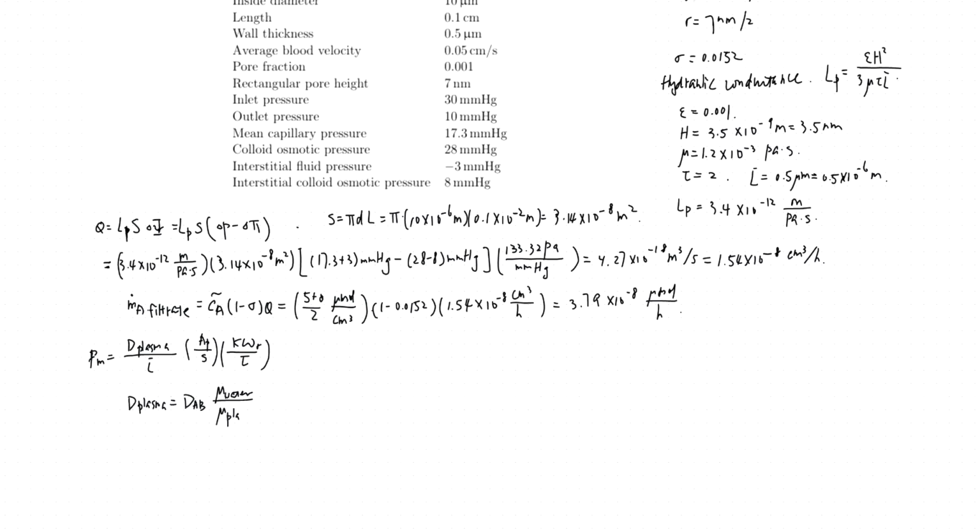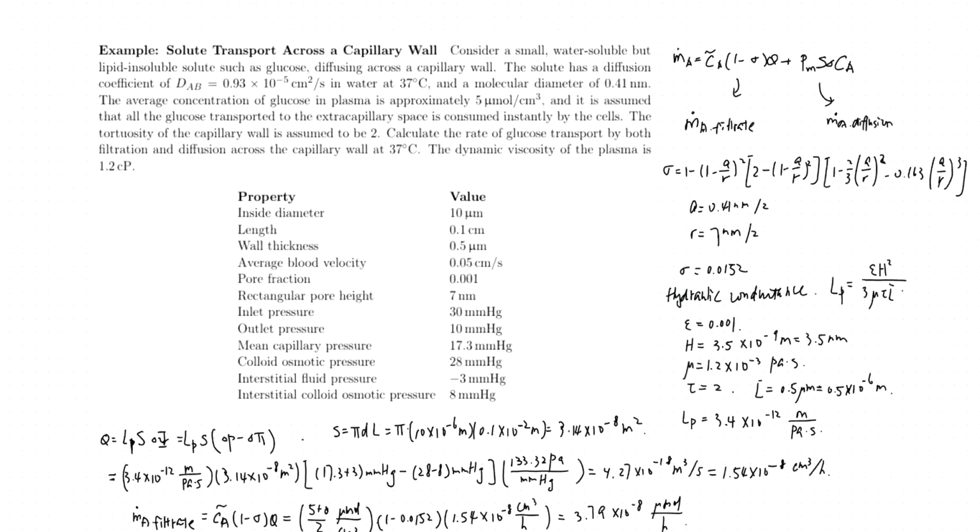We also discussed it in some previous lecture multiple times. So DAB is the diffusion coefficient in water.